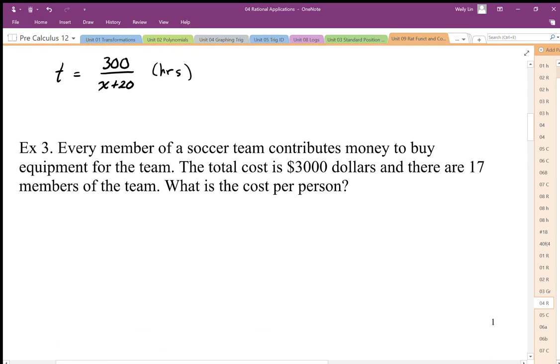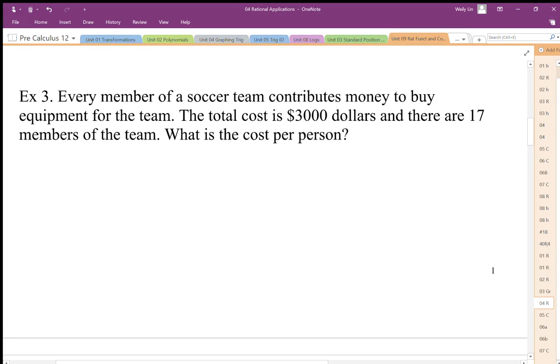So let's take a look at some other problems here. Anytime we have a rate, we can think of using a rational expression, because rates are a comparison of some quantity to another quantity in a ratio. It says here, every member of a soccer team contributes money to buy equipment for the team. The total cost is $3,000 and there are 17 members on the team.